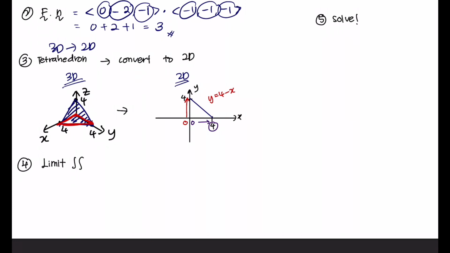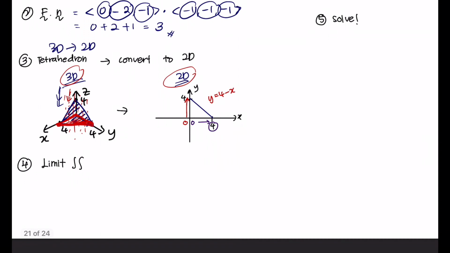Flux is how much fluid is flowing through the surface. Imagine fluid flowing through this surface. The fluid is actually passing through this xy area. That's why we convert from 3D to 2D.